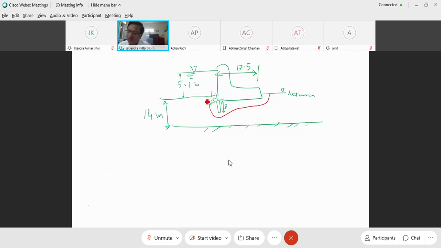The flow net will be something like this. These are the flow lines. And then you draw the equipotential lines. You have to maintain these squares. That is the first condition.